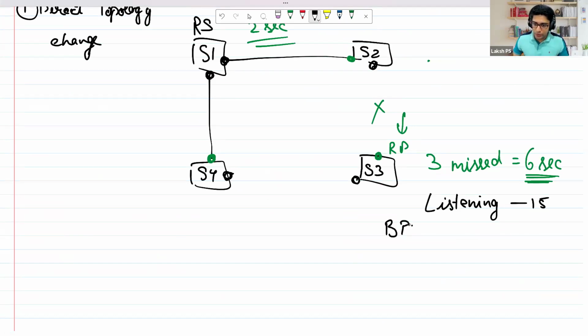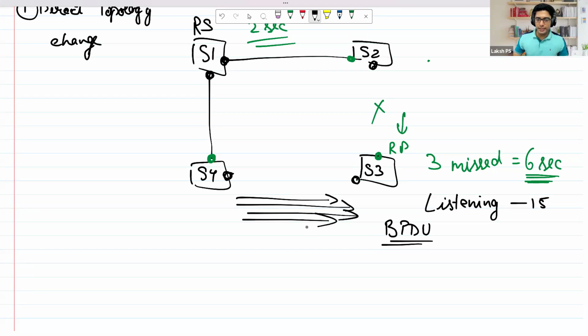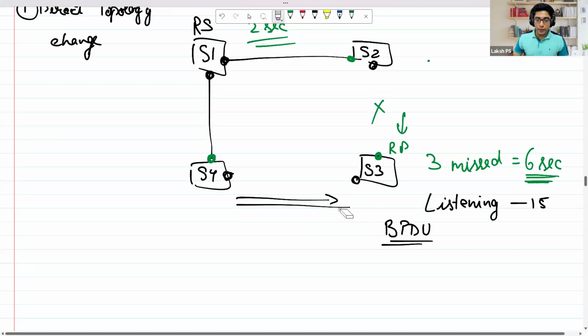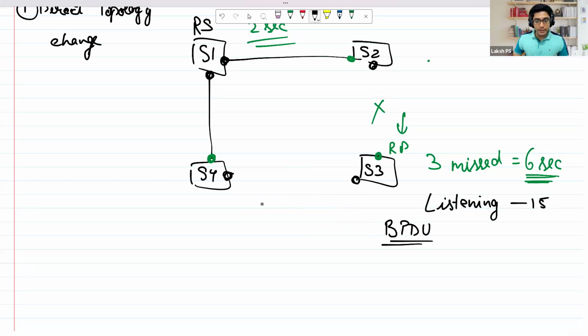It is listening to the BPDUs that are being sent at every 2 seconds. With the BPDU, what would happen? Switch 4's BPDU is sent to switch 3, where switch 4 will say who the root switch is. Root switch is switch 1, with switch 1's priority and switch 1's MAC address. Switch 4 will also share its own priority and its own MAC address via the BPDU to switch number 3.